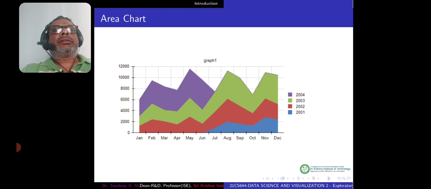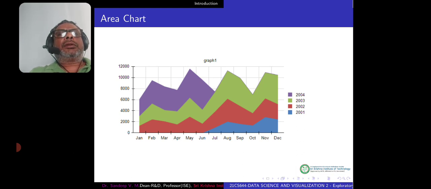So here we can see that four different data are being plotted, 2001, 2, 3 and 4 respectively, with different colors, and the area under that is represented, and through this we can make out visually that the more area, the bigger the value, the smaller area, the smaller the value.